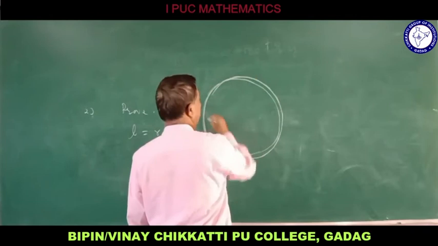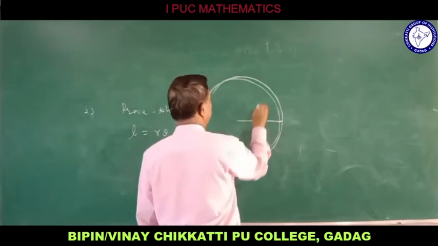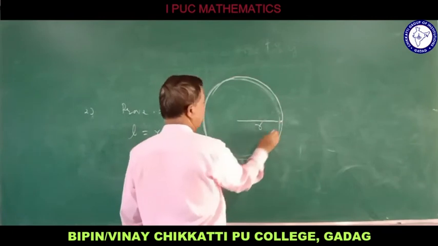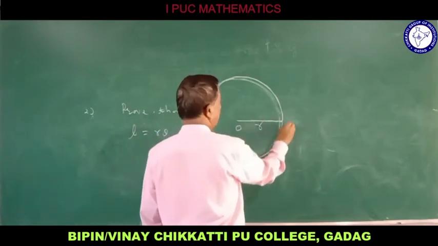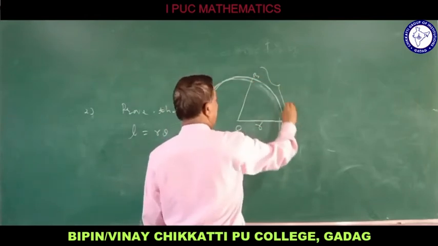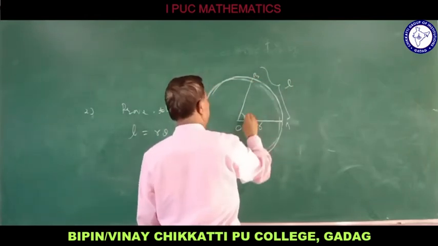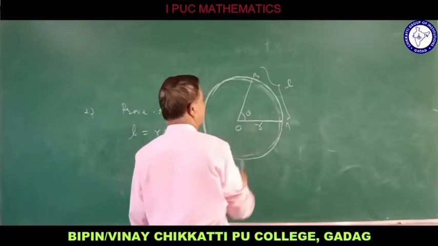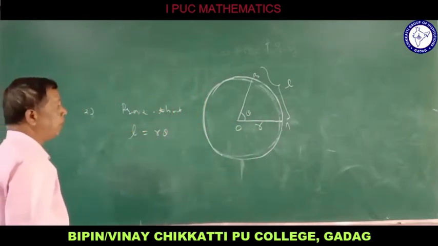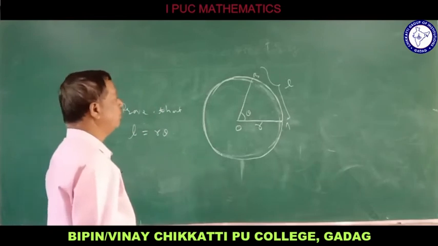Usual notation means r is the radius, and here try to understand this OAB: this is the arc length, this is L, the angle is theta, and our radius is r. So we have to prove that L is equal to r theta.